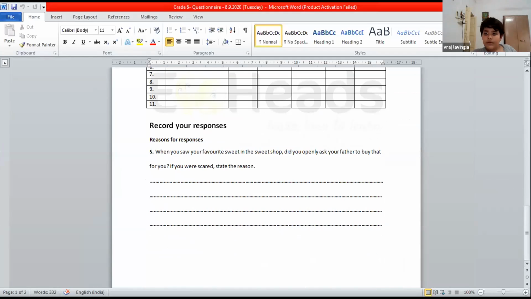Vraj. Yes, ma'am. Give them an incident, saying, when you saw your favorite toy or sweet in a shop, did you openly ask your father to buy that for you? Or if it was a PS4, did you ask openly, or were you scared?